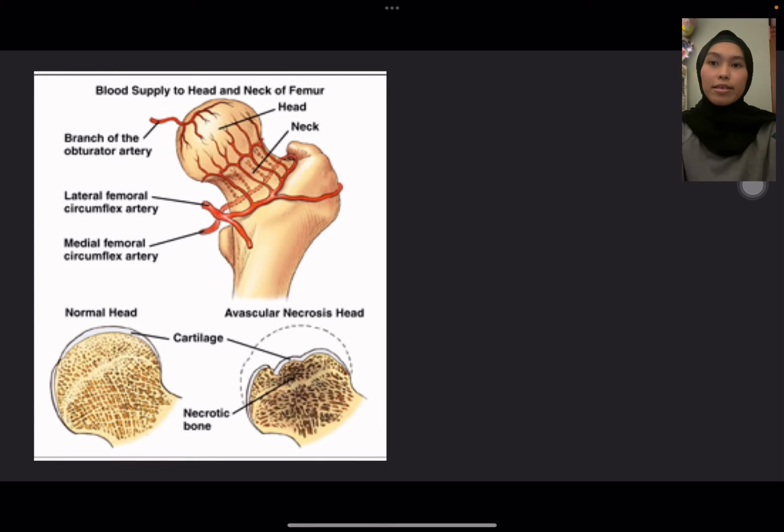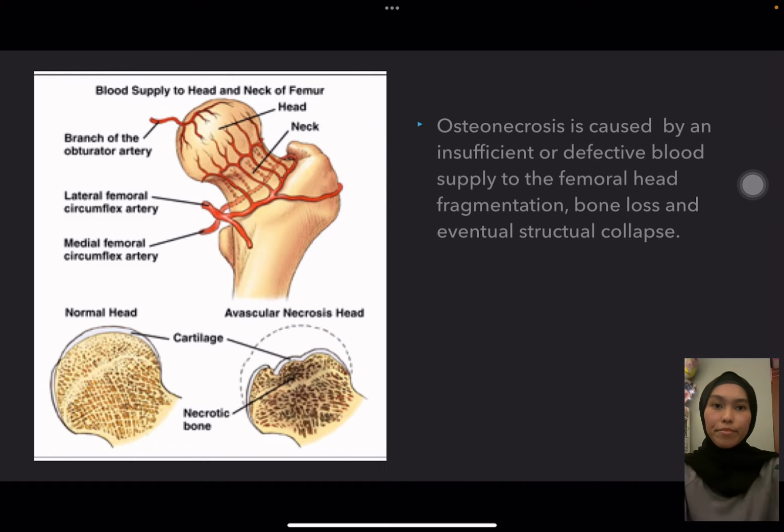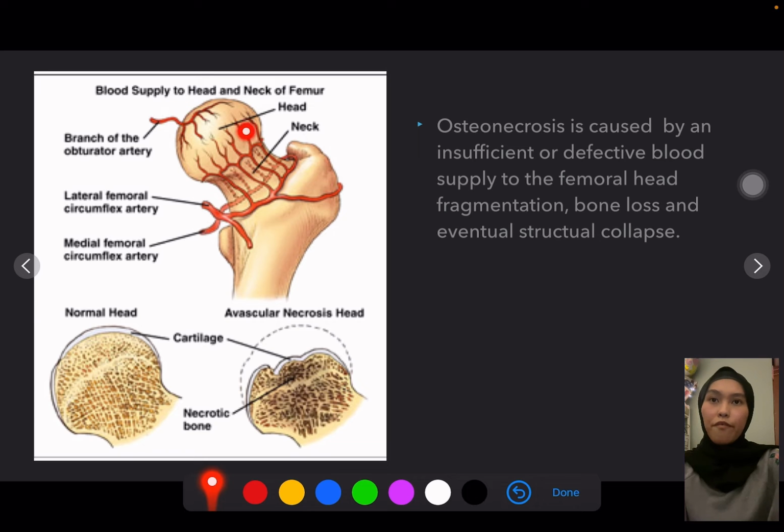As we can see here from the images, this is the blood supply to the femoral head. For Perthes disease, we don't know what causes the blood supply to not reach the femoral head.